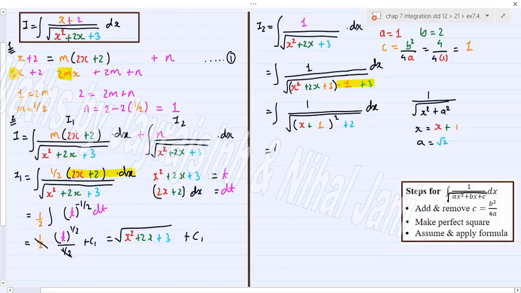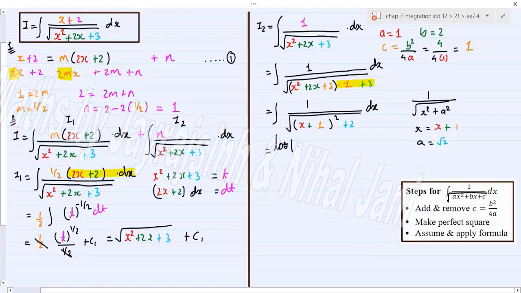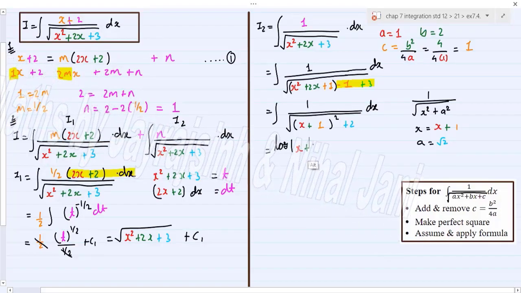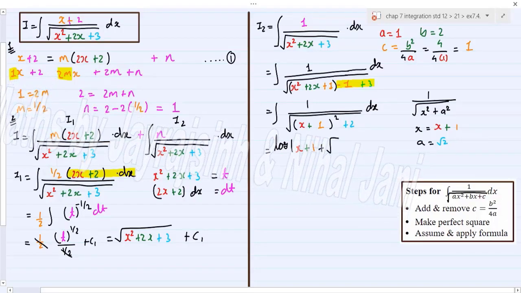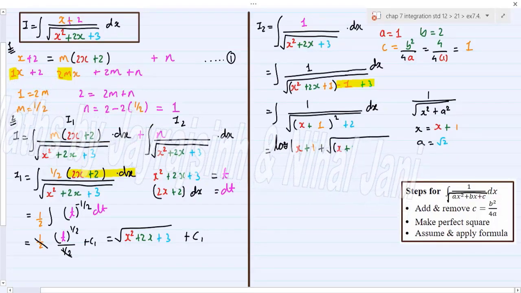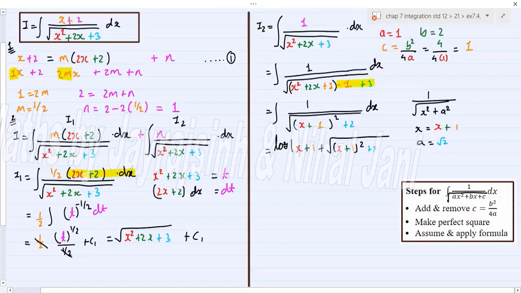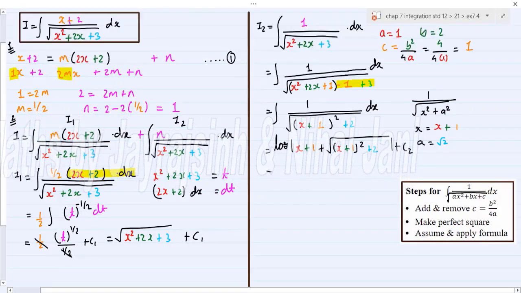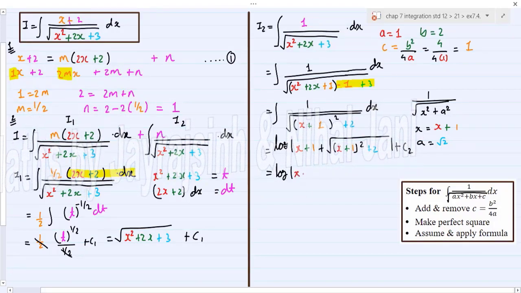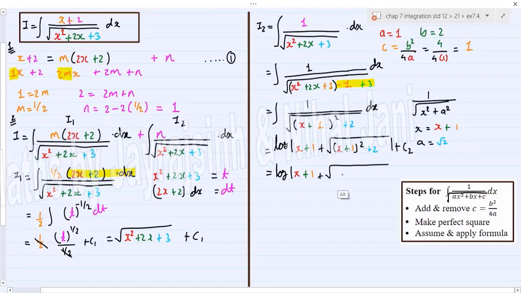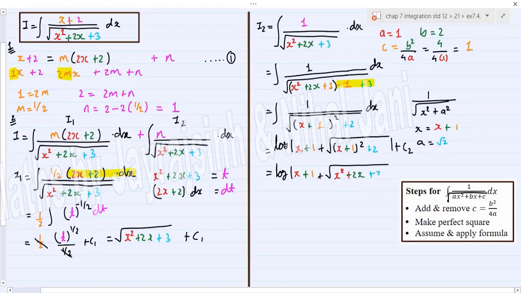So its integration will be log mod x plus 1 plus under root of (x plus 1) whole square plus 2 plus c2, or we can say log mod x plus 1 plus under root of x square plus 2x plus 3 plus c2.